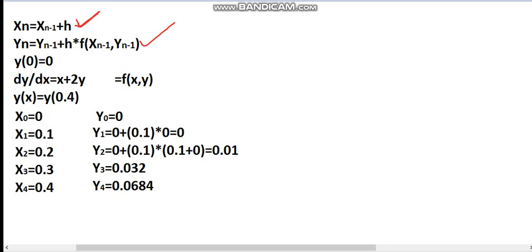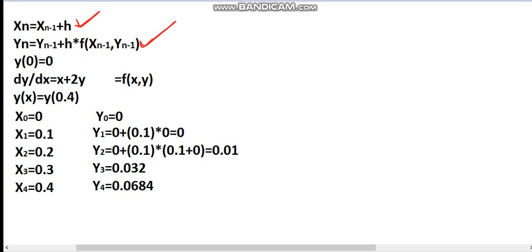And the second one is the value of y, that is the solution of our differential equation. In order to find the solution at different x values, we have to use this second equation, where yn equals yn minus 1 plus h times f of xn minus 1 comma yn minus 1.